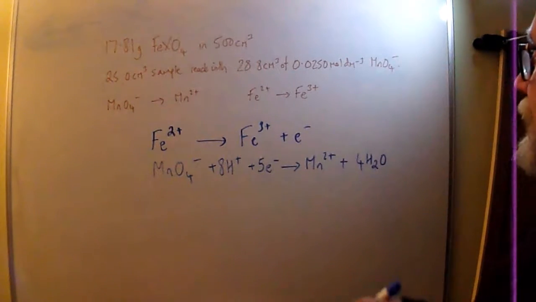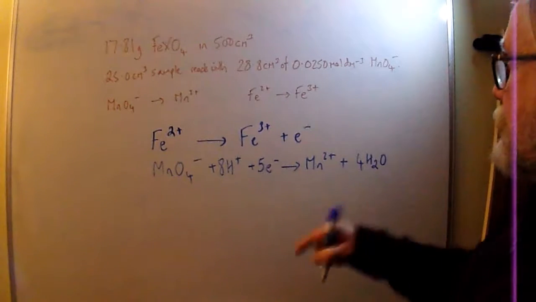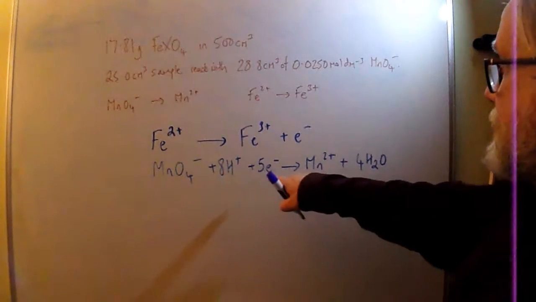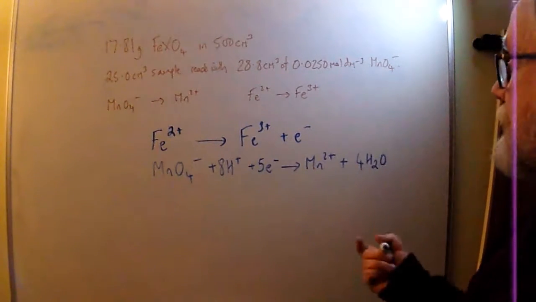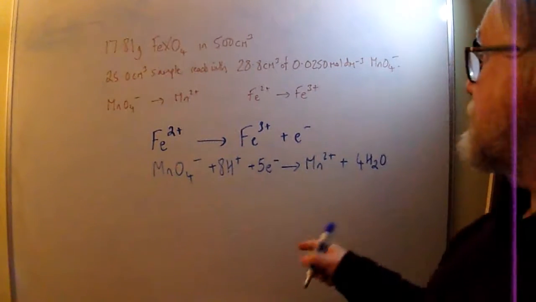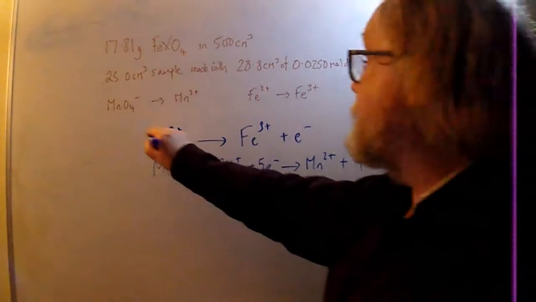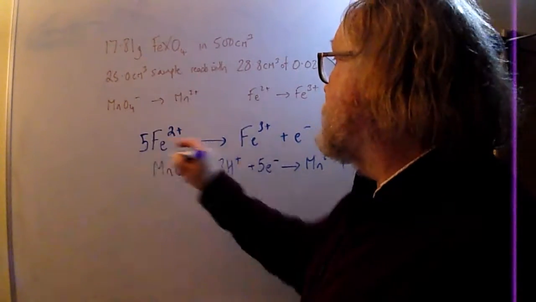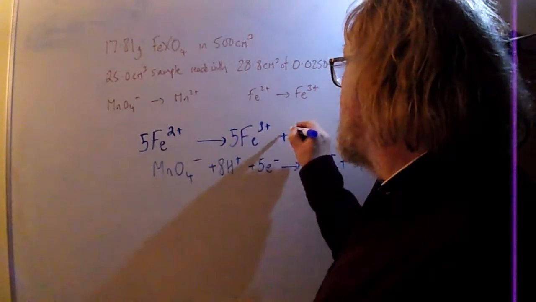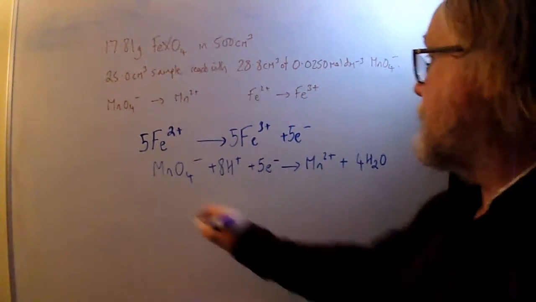Now to combine them, they've got to have equal numbers of electrons but on opposite sides. So they are on opposite sides, but the numbers need tweaking, and it's easy to do. We've just got to get 5 electrons in this top one, and then they'll cancel out with the 5 here. So we can just put 5 there, 5 there, and 5 there.